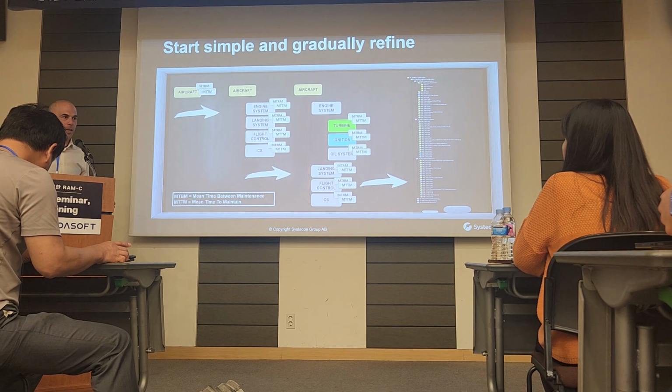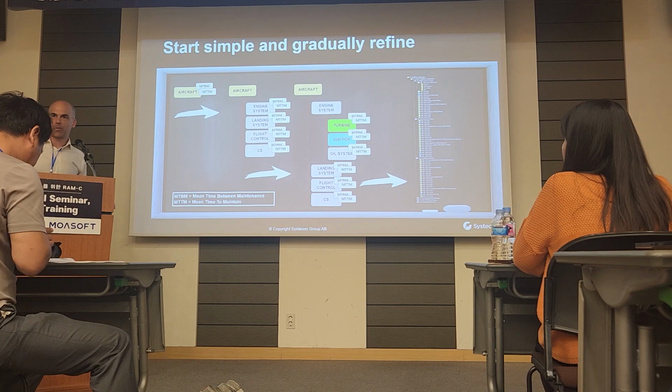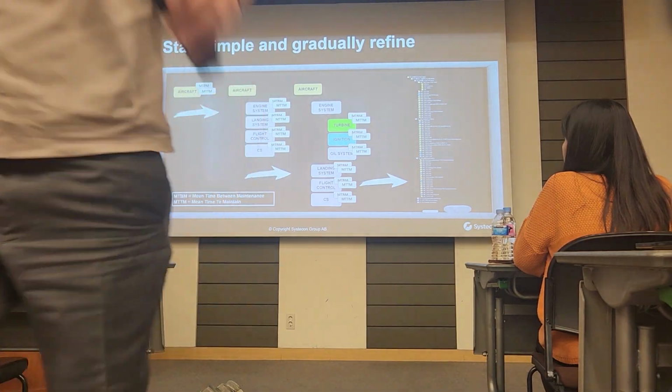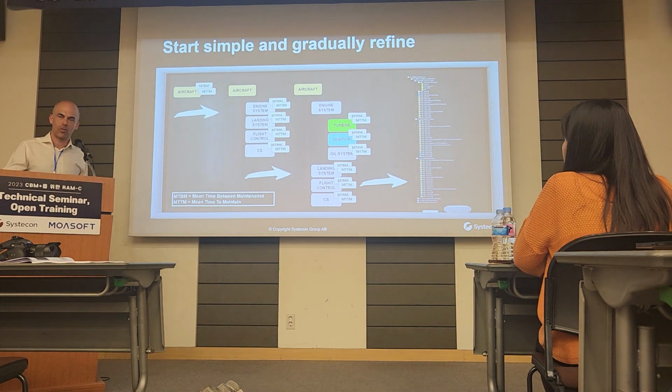So typically when you build up the model, you start with the main parts of the system, and as you get information about the various parts, you gradually detail each subsystem or engine system.